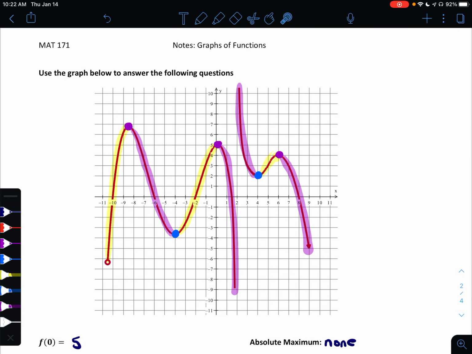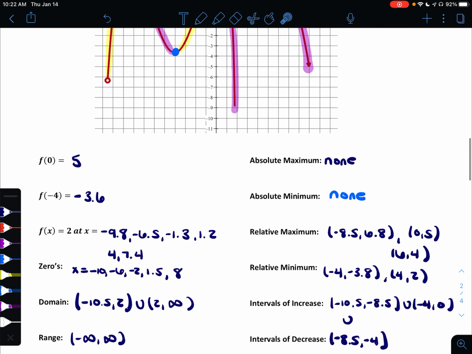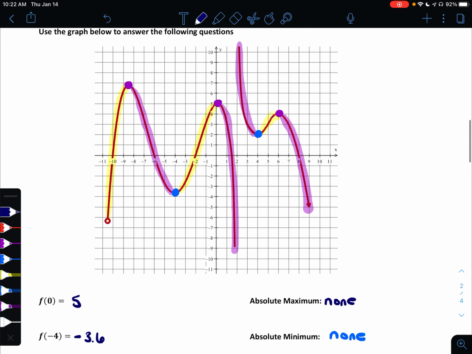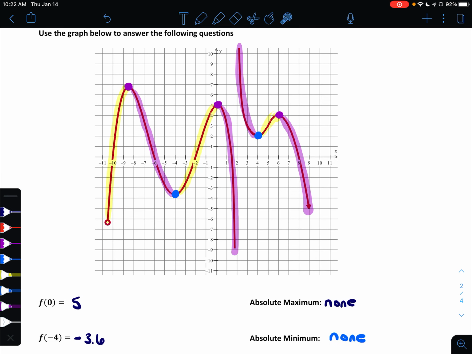Then we are again decreasing from x equals 0 up until we have this break in our graph at x equals 2. So 0 to 2. All right, then we jump over to this other chunk of our graph, and we're still decreasing.